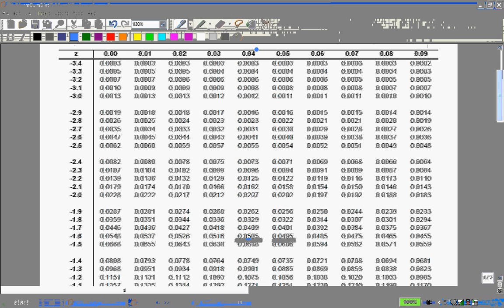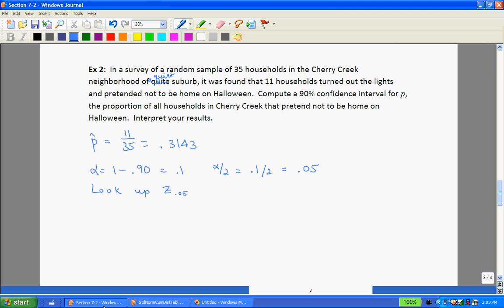So I think I'll do 1.645. So Z sub 0.05 is 1.645. And don't forget, you could also do this on your calculator with the inverse normal function. If you were to type in 0.05, you get negative 1.6448 back, and you could round that to 1.645.